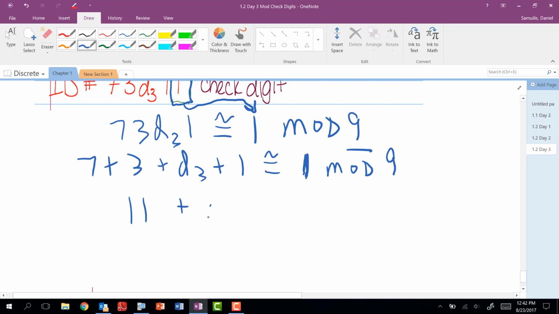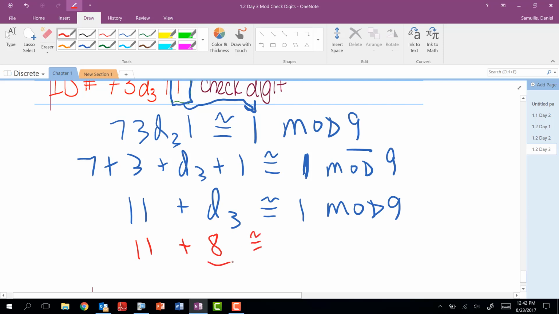11 plus what gives me the next closest number that has a remainder of 1 when we divide by 9? 18 is divisible by 9, so that would be 0 mod 9. So I need this to be 19. I don't think I have to do equation solving for this. 11 plus what gives me 19? 8.